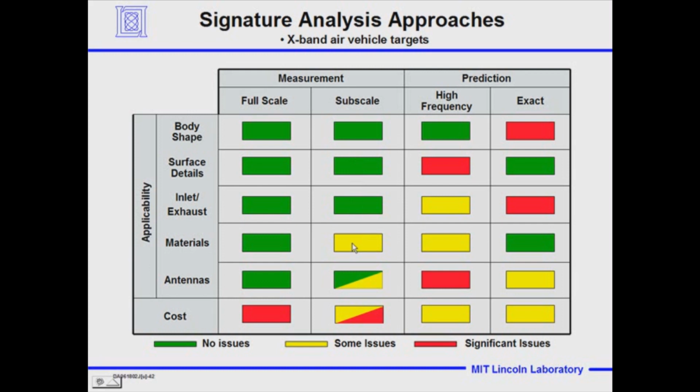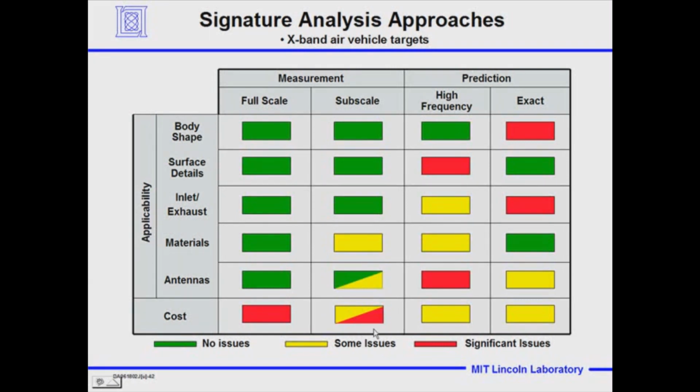I mentioned we've got this issue with materials. If the aircraft isn't pure metal, it's got composites in it, or stuff with conductivity, you've got issues you've got to deal with. And the antennas, and how you deal with the antennas, you have to make a subscale model exactly of the antenna that's inside a radome and stuff.